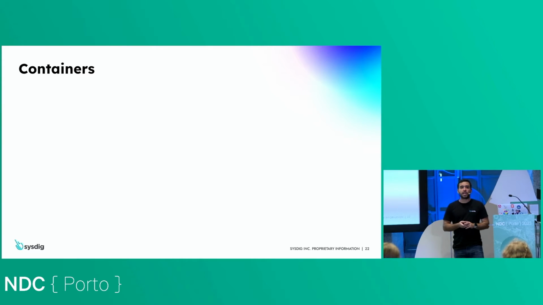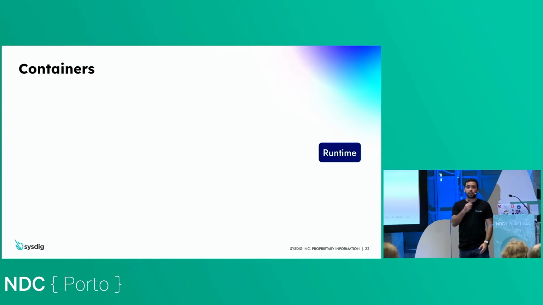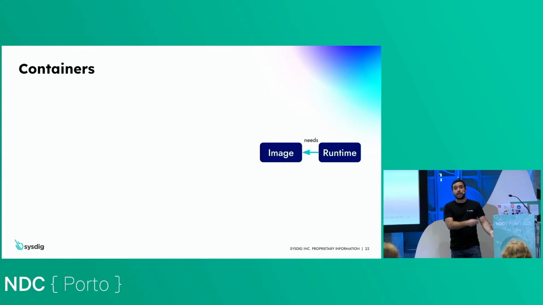Good. So containers. Containers are key nowadays. Most of the things we do when developing or when deploying, we are using containers, right? And when I think about containers, I think about runtime. But to actually have a container running in production, we need an image.